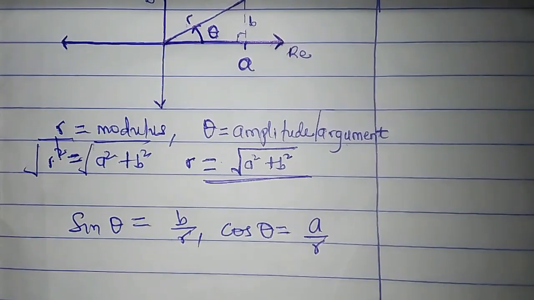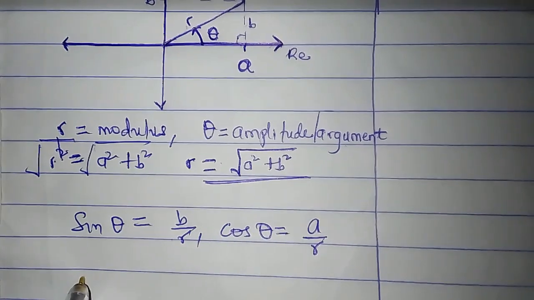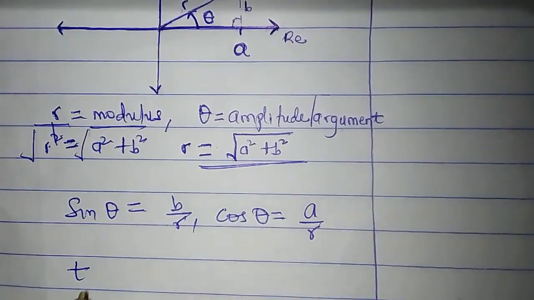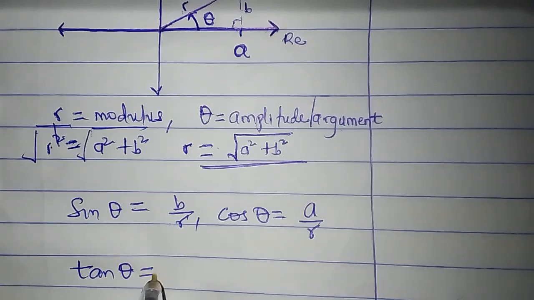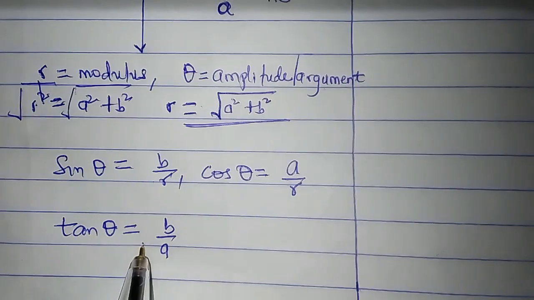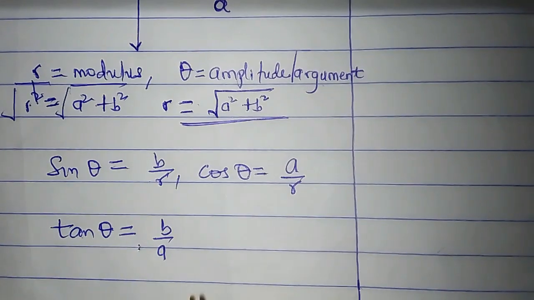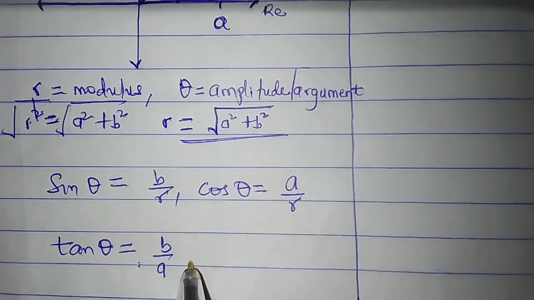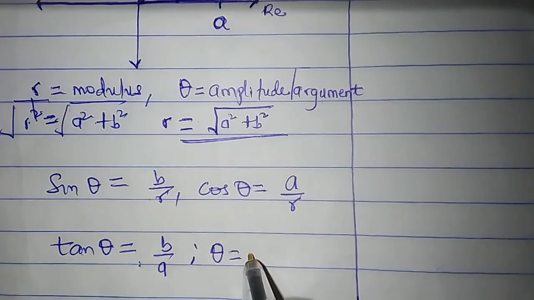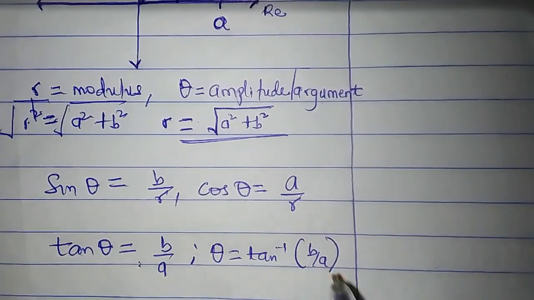Also, tan theta, which is opposite over adjacent. Tan theta is equal to B over A. So, if I'm going to use this ratio, tan theta equal to B over A, means that theta is the tan inverse of B over A.